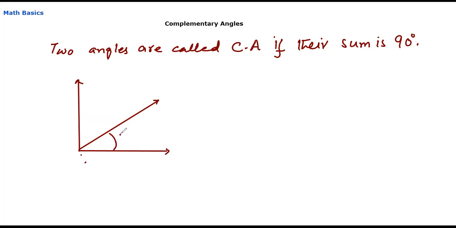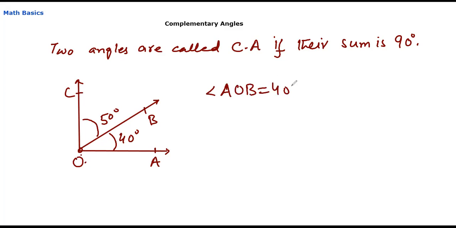We have this is 40 degrees and let's say this angle is 50 degrees. Now this is angle AOB and this angle is BOC. So we have two angles, AOB equals 40 degrees and angle BOC equals 50 degrees.